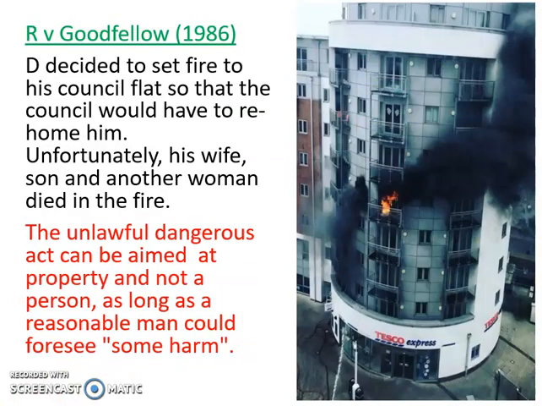Goodfellow, it was held that the unlawful and dangerous act can be aimed at property. It doesn't have to be aimed at a person as long as you can foresee some harm. So here our defendant set fire to his council flat so that he could be rehomed, but unfortunately he killed his wife and son and another woman in the fire. So his argument is, well, I wasn't aiming an act, I wasn't punching a person, I was aiming it at a building.